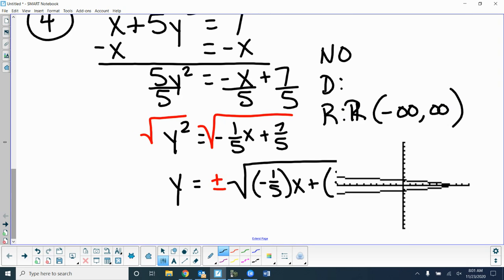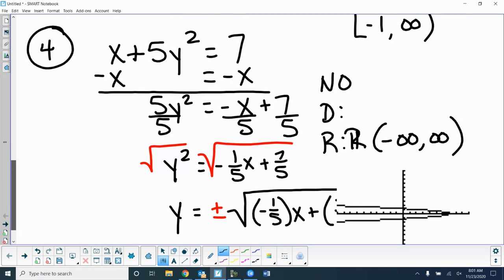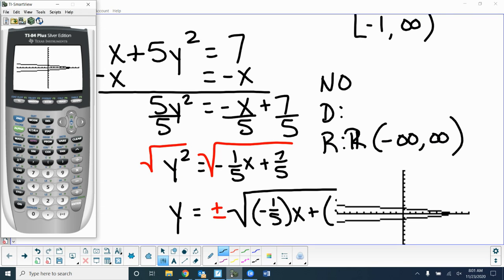All right, so for domain here, I've got to figure out what that is out here. All right, 1, 2, 3, 4, 5, 6. It looks like it might be 7. Okay, it might be the 7 that was in the beginning. So I'm going to go look at the table just to make sure.